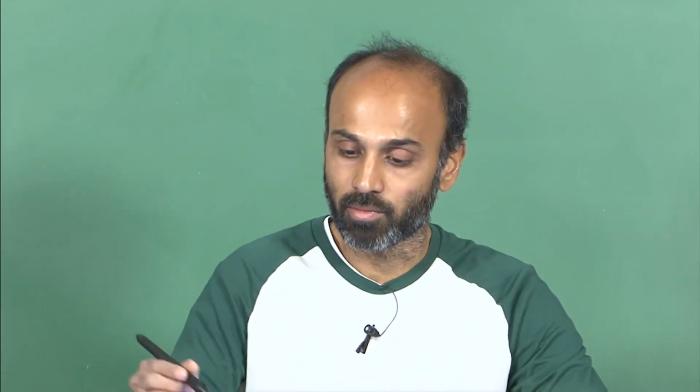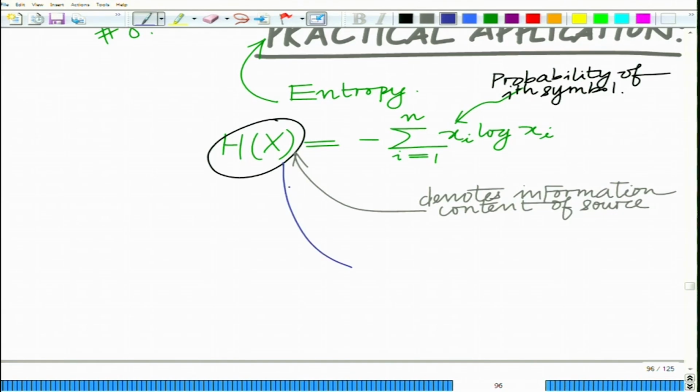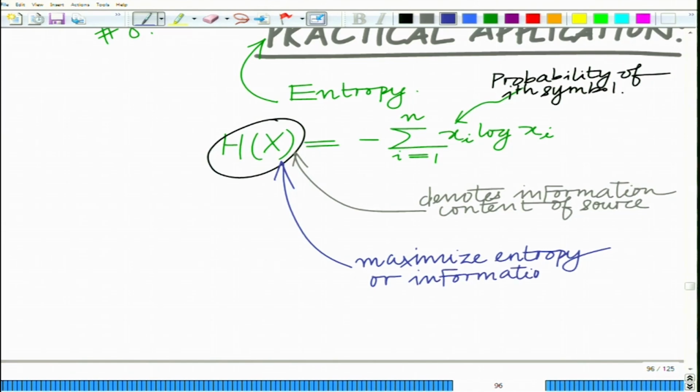And therefore, the higher the entropy, the higher the information content of the source, and therefore we would like to maximize this entropy quantity, and that has very important applications in information theory. So we would like to maximize the entropy or the information content.